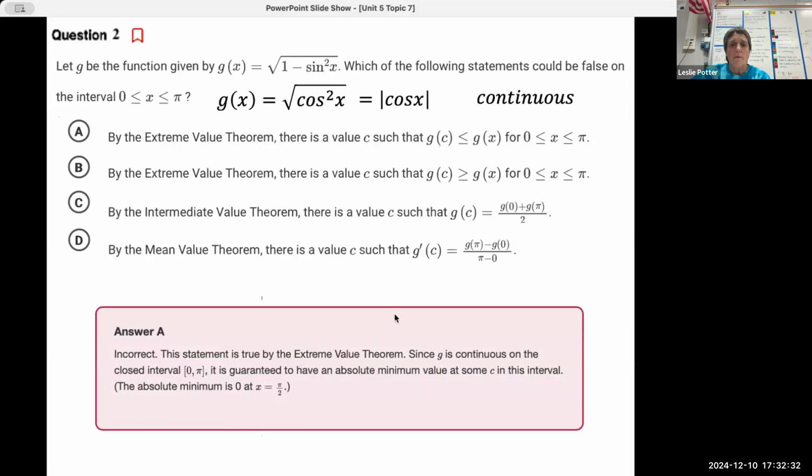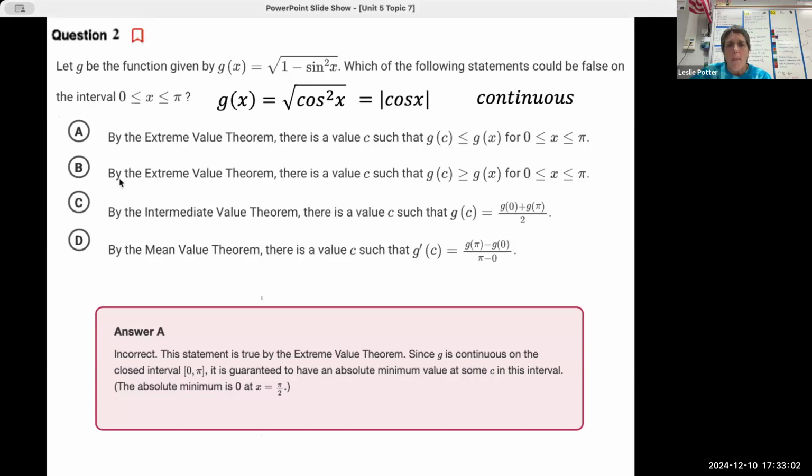Okay, so that statement is true because G is continuous in the closed interval, so it's guaranteed to have an absolute minimum at some value C, and the absolute minimum is at 0. Which is what we just got done saying, the absolute minimum is 0 at pi over 2. So this is a true statement, which means it's not false, right? Because we're looking for false statements. So that would be an incorrect response.